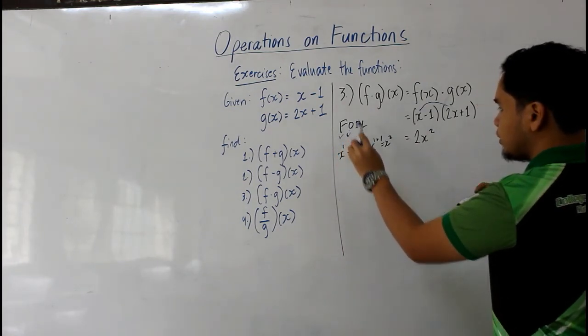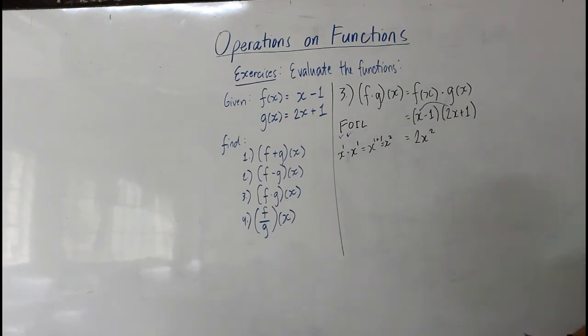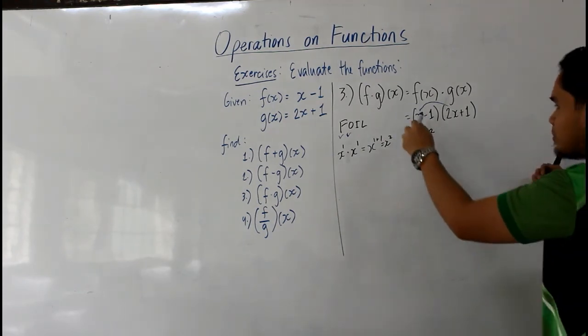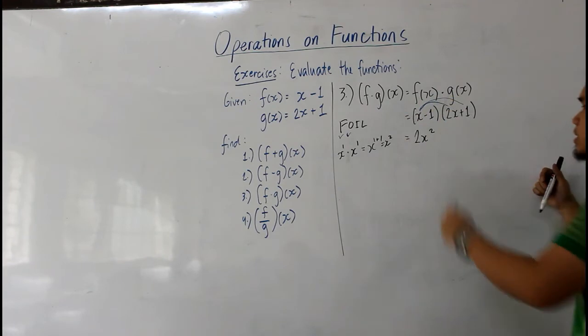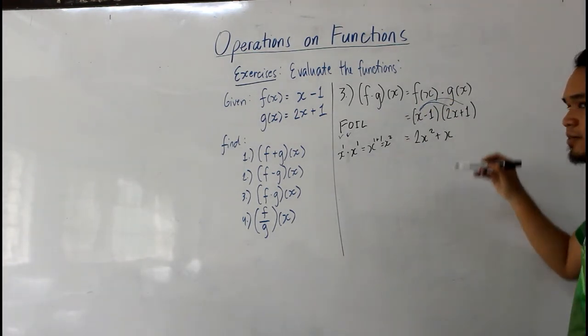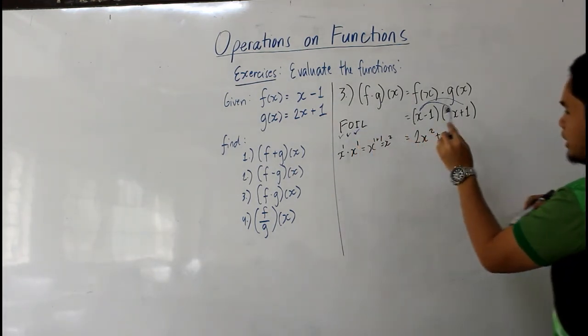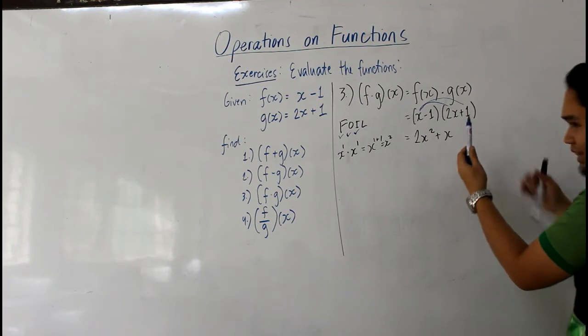Let's go to the outer terms. So outer means, well, if we're going to look at it in the perspective of ratio and proportion, that is your extremes. So using your extremes, x times positive 1. So that's simply x. Okay, so we're done with the outer. Let's go to the inner terms now. So inner is like the means in this perspective.